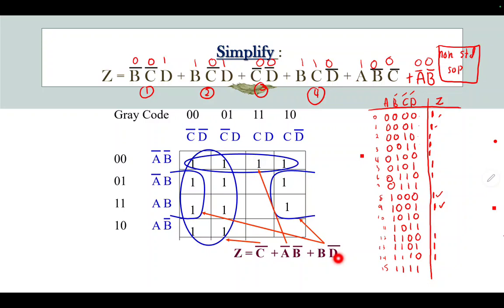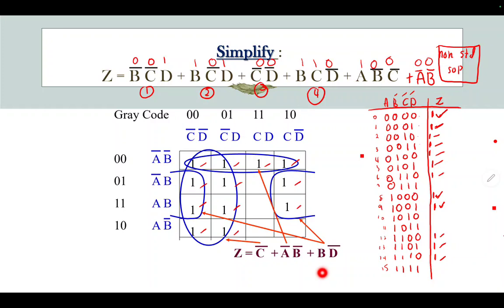Now you locate the position of the 1s in the K map, going through the cell codes row by row.